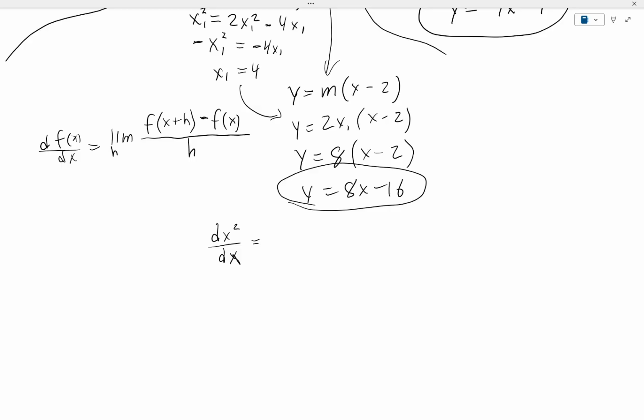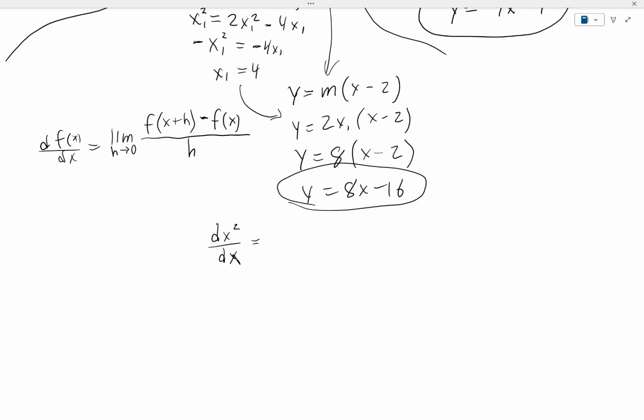And you're taking the limit as h goes to 0, as h gets infinitely thin. And that will give you the rate of change at that point, f'(x). So we're going to use this definition of a derivative up here and see if we can use that to figure out d(x squared)/dx.